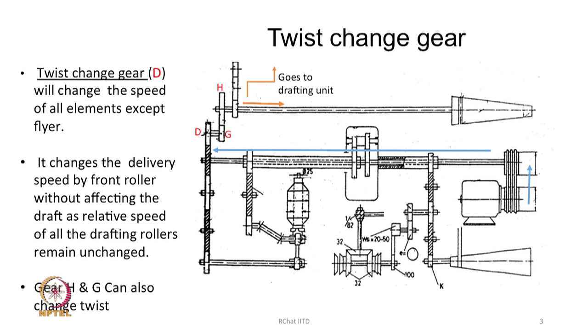Now, in this machine, the gearing plan that we have in front of us on the right hand side, we see that the gear D, if we look at gear D, then we will see that this will change the speed of all elements except the flyer. Now, the motion goes from the motor, we have already started the motion flow.